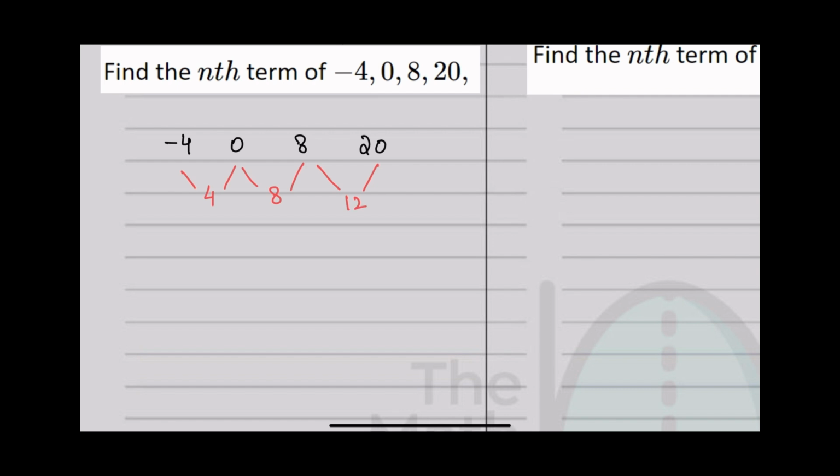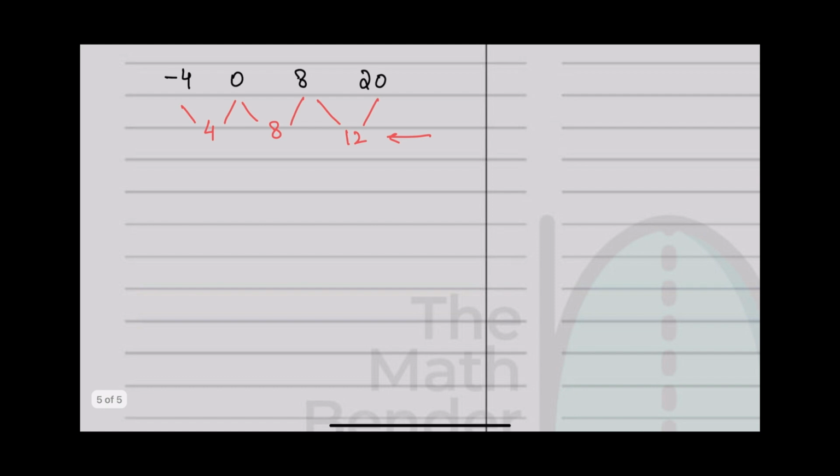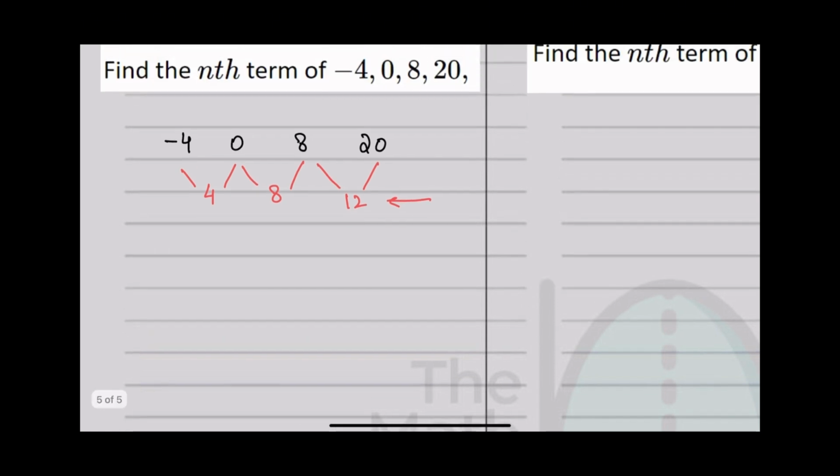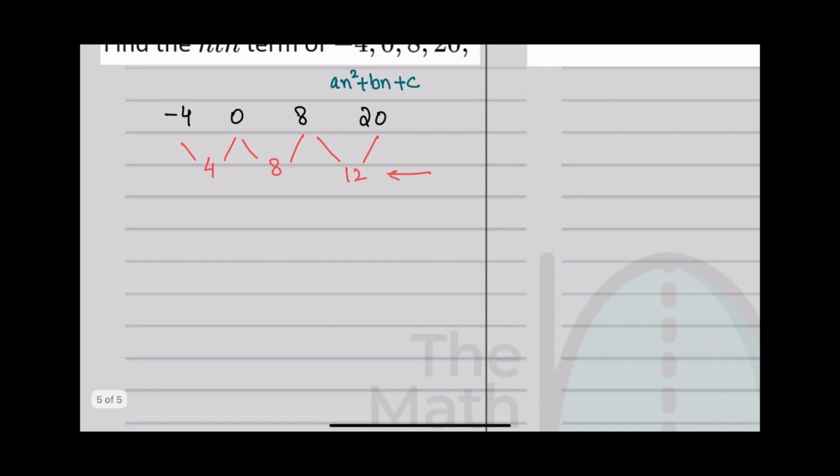So the difference is not constant, not same, which means there is a variation in the difference. It's not a linear pattern, it is a quadratic, and hence it is going to be in the form an squared plus bn plus c. Now to find out these a, b, and c values, I need to take a difference again. So 8 minus 4 is 4, and 12 minus 8 is again 4. Now this value will identify what is going to be my a.